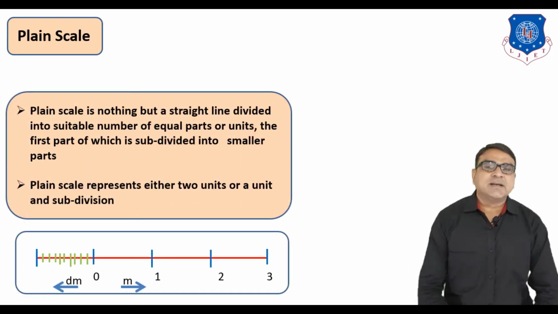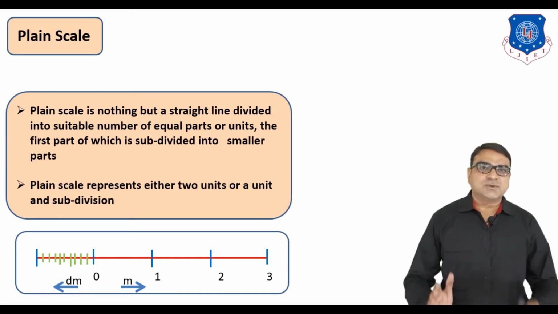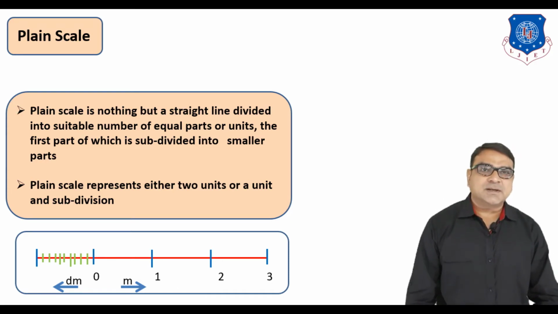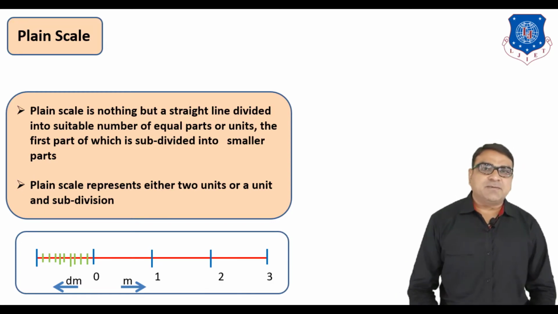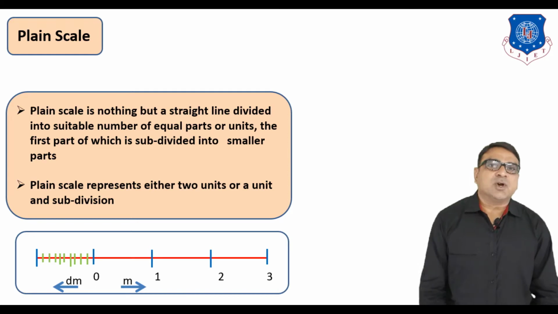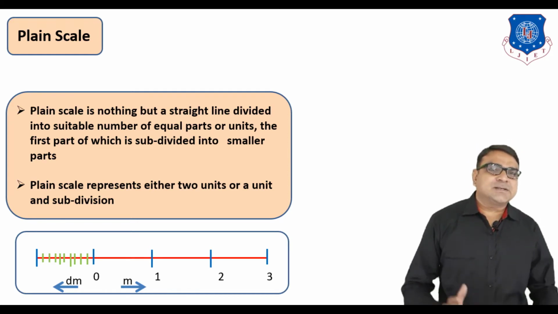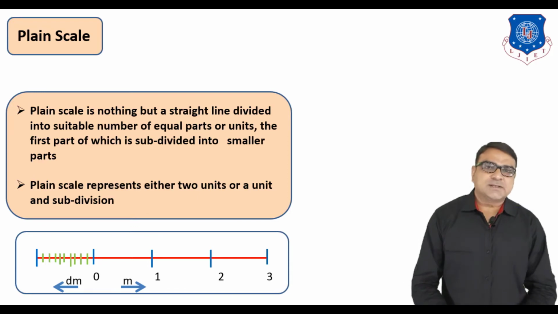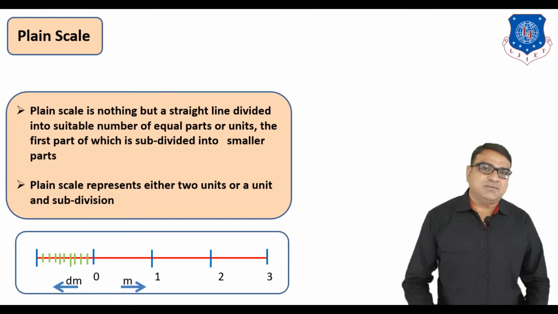A plane scale is nothing but a straight line divided into a suitable number of equal parts, and the first part of which is subdivided into smaller parts. A plane scale can represent 2 units or a subdivision of 1 unit.